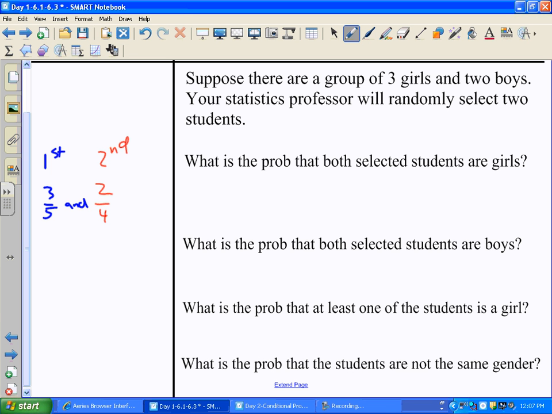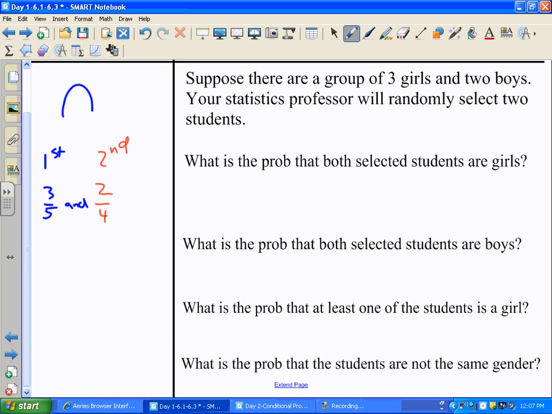And I want to connect to what we did last Tuesday. Hopefully you remember this. "And" is an intersection, right? What's the probability that Tyreek makes his free throw and DeMarcus Cousins makes his free throw? Do you remember that was that shaded part that was both? What's the probability that I reach in and get a girl the first time and the probability that I reach in and get a girl the second time? That's also an intersection.